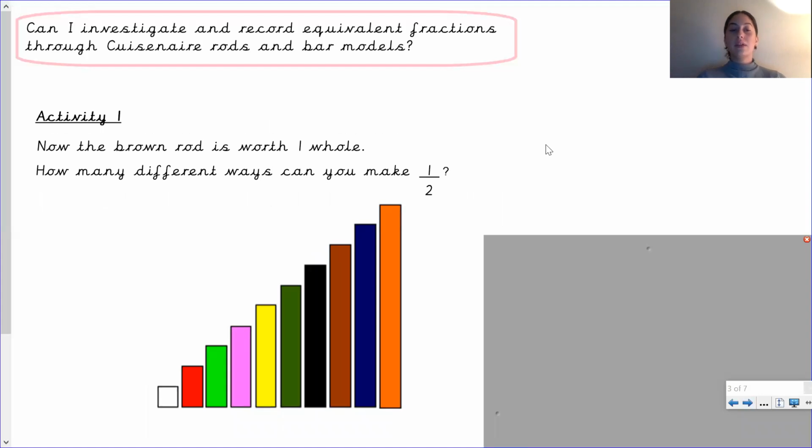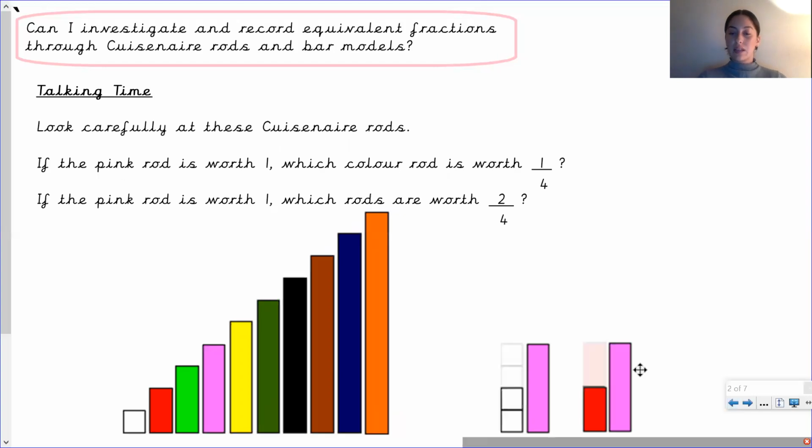Okay, now we're going to pretend that another rod represents 1 whole. This time we're going to pretend that the brown rod represents 1 whole. How many different ways can you make 1/2? So in the previous slide, we found 2 ways of making 2/4, but only 1 way of making 1/4.